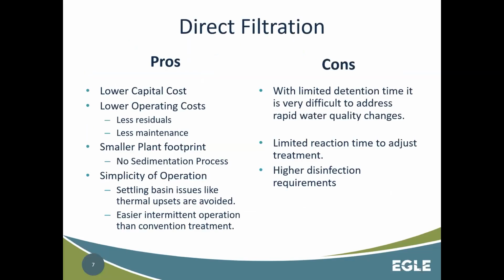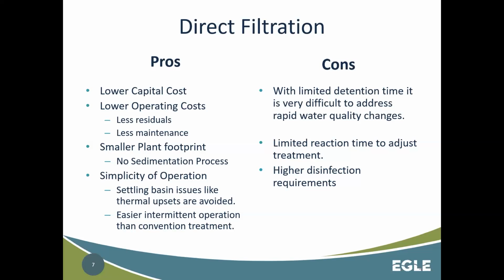Okay, so what are some of the pros and cons of direct filtration? Direct filtration plants typically are lower capital cost, just because you don't have to construct that enormous settling step. And as a result, there's also a smaller footprint.